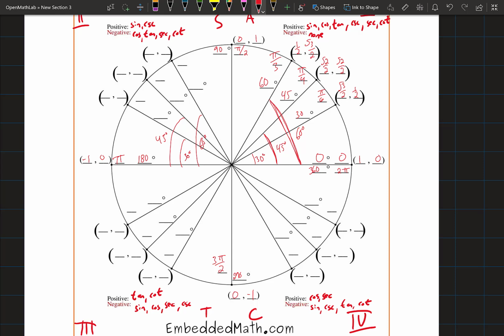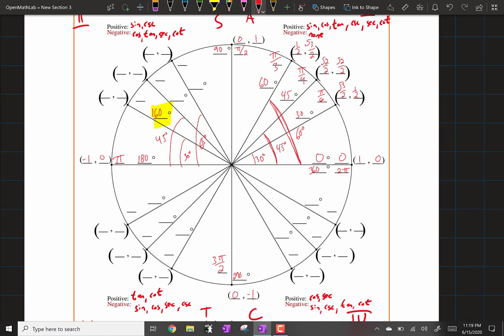To figure out this answer here, we would just need to take 180 minus 30, which would be 160 degrees. And then to find the next spot up, we would take 180 minus 45, which is 135 degrees.